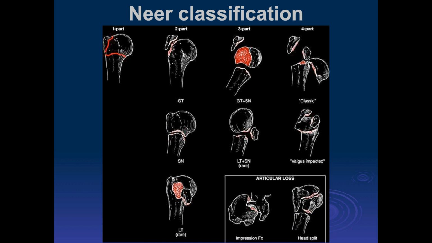Here you have one piece of bone displaced, that's two. Here would be a three-part fracture, a four-part fracture, and then you get more complex ones as well. So again, I think it's important to describe, obviously if there's any displacement, but describe the fragments and where they're located.